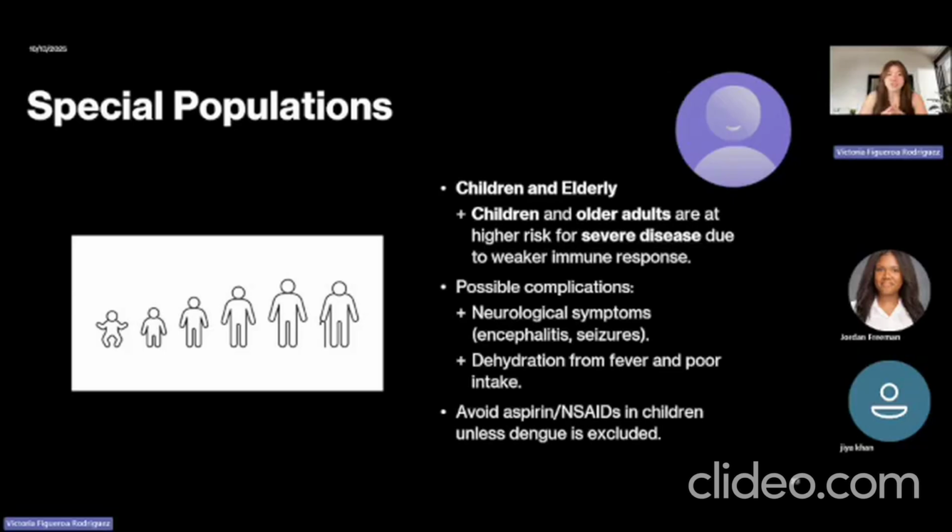So for these populations, we're going to see a lot of hospitalizations so they can keep the electrolyte balance through IV intake. The possible complications are going to be neurological symptoms like encephalitis and seizures, because the immune system becomes compromised and they start presenting more.